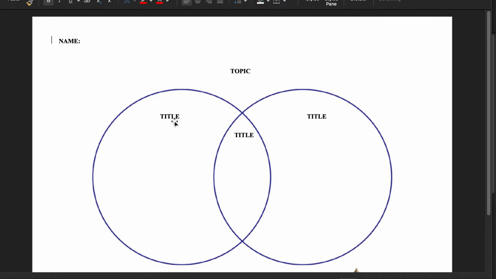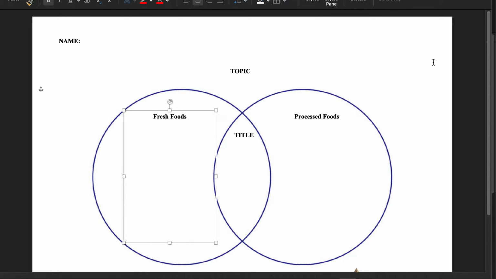In the case of the paragraph that we just wrote, here we would be looking at fresh foods, so our fresh vegetables and our fresh fruit, and here processed foods. In a brainstorm, we would put in some things that are exclusively characteristic to fresh foods, some that are exclusively characteristic to processed foods, and some that are shared.